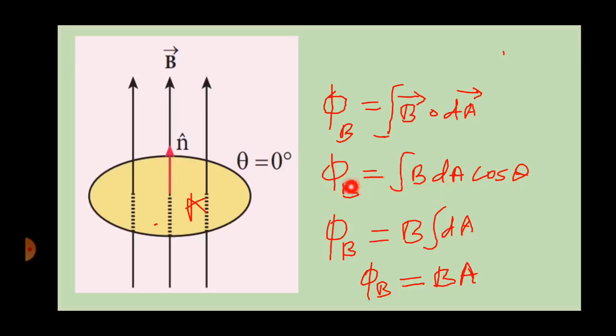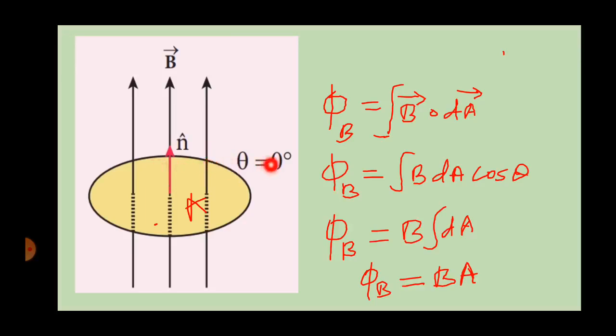So in this case, phi B is equal to the integral of B dA cos theta. What is the angle between the magnetic field and the normal? Here the magnetic field is parallel to the normal of the given area. What is theta?